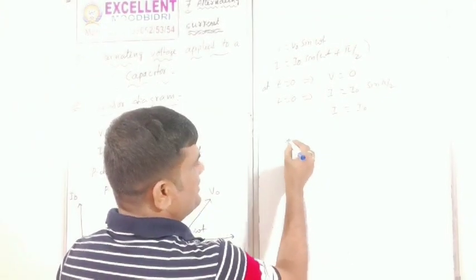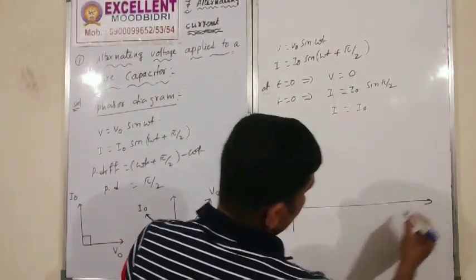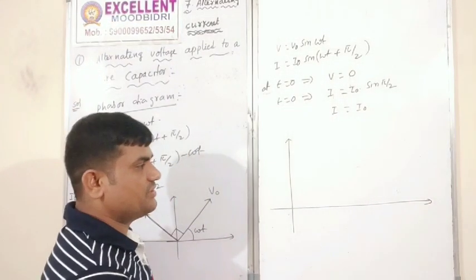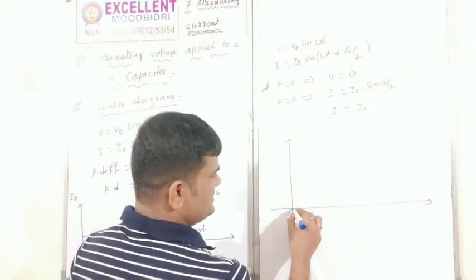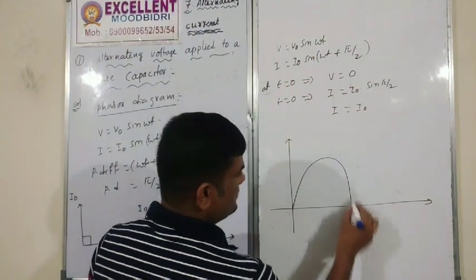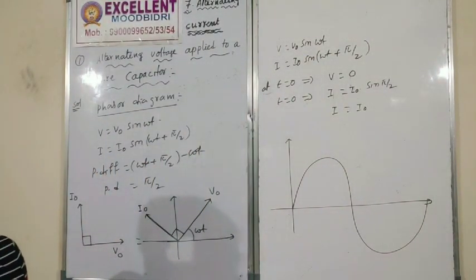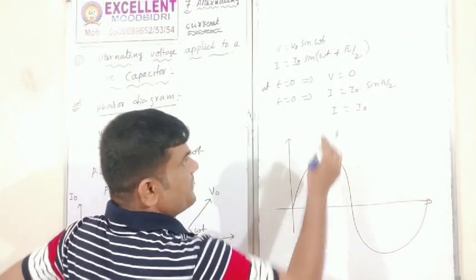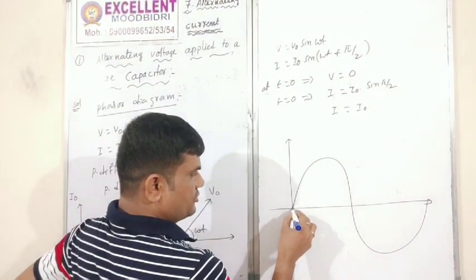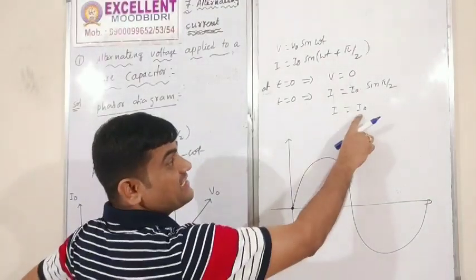Therefore, we can draw the graph. Alright? Sinusoidal wave. One wave I have given. Then V is equal to 0, but I is equal to maximum.